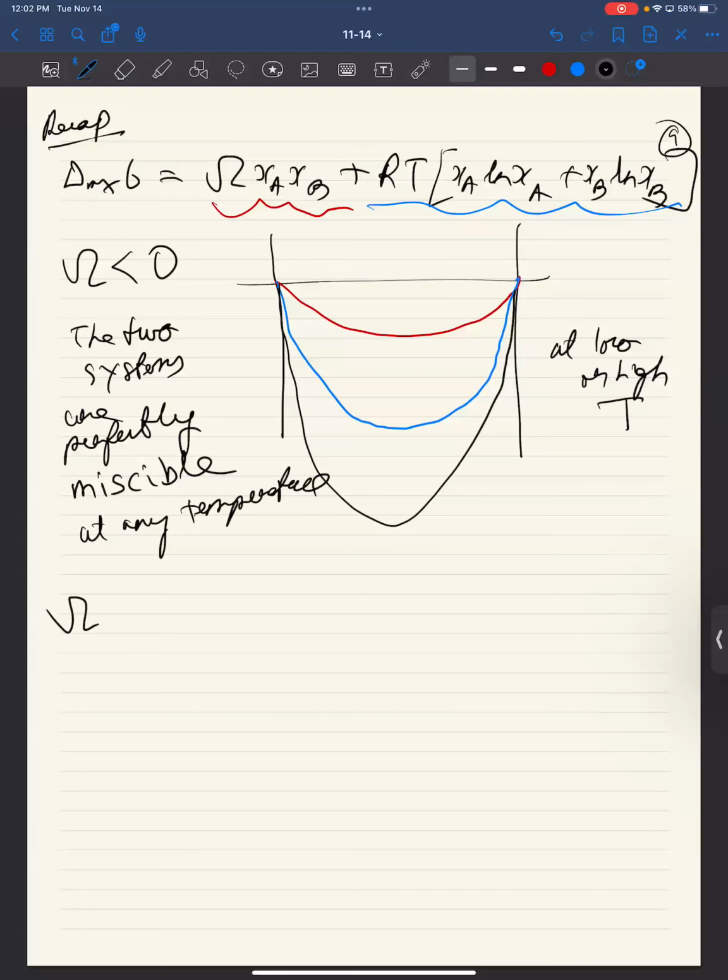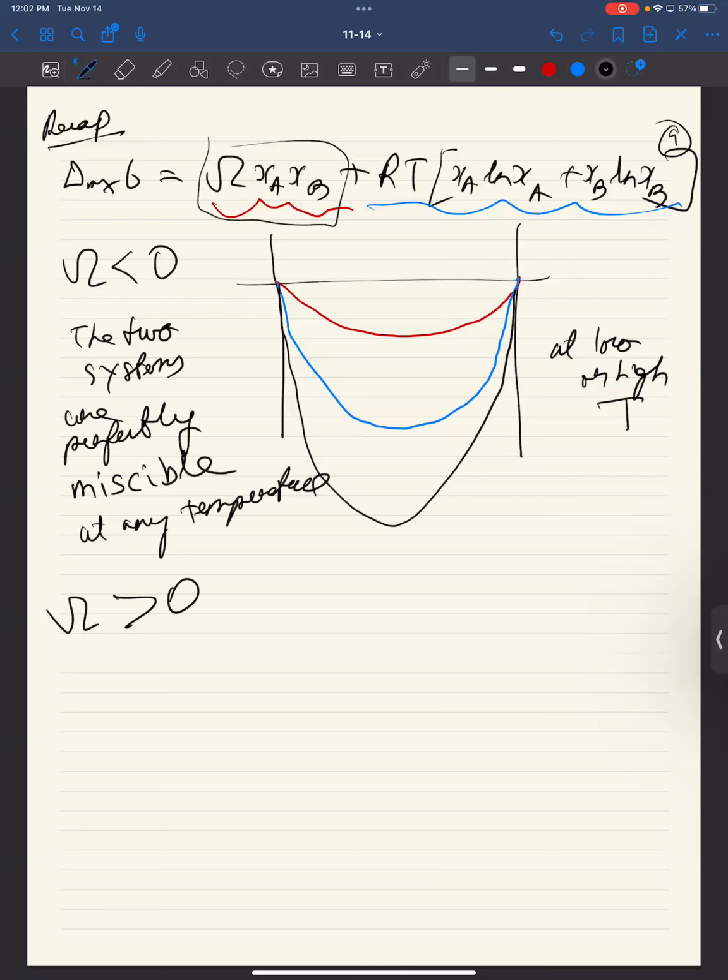For omega more than 0, we saw two cases, right? I want you all to think and tell me: when does omega positive look like the omega negative case, at low temperature or at high temperature, and why? Dosia, you want to give it a shot? So let's look at it carefully.